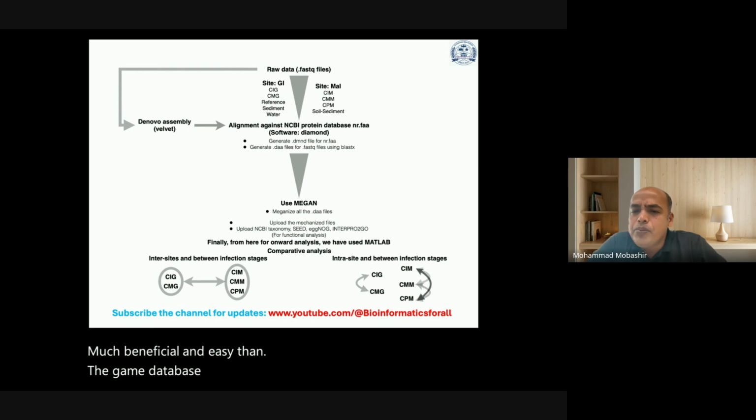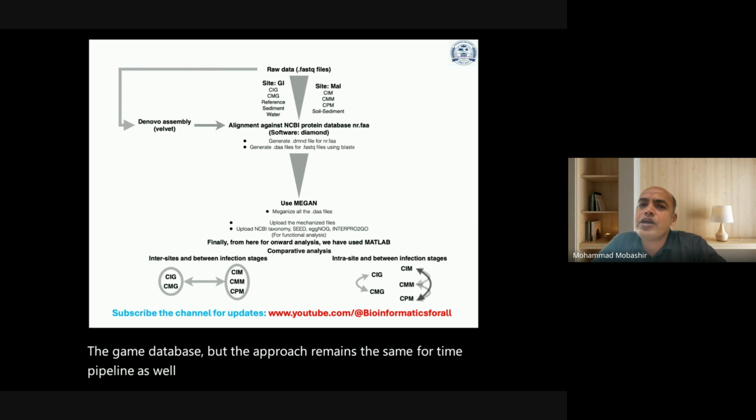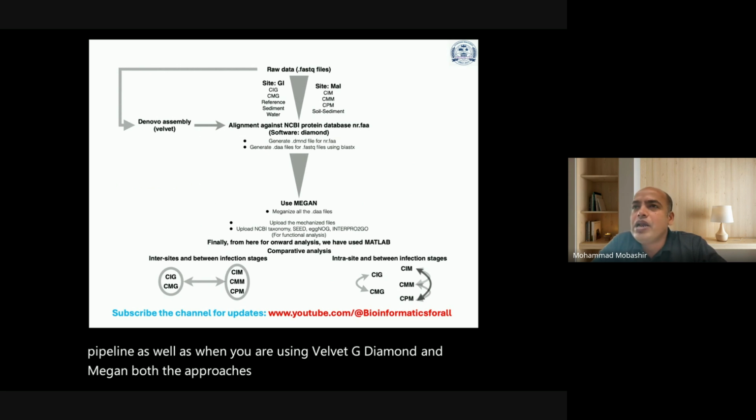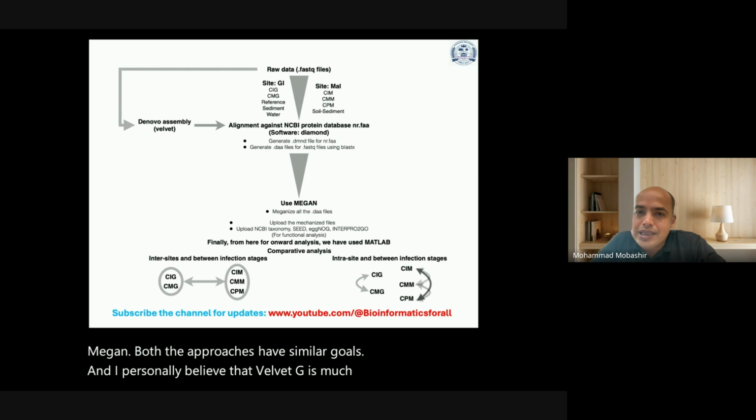But the approach remains the same for the QIIME pipeline as well as when you are using Velvet G, Diamond, and Megan. Both approaches have similar goals, and I personally believe that Velvet G is much better and easier to use.